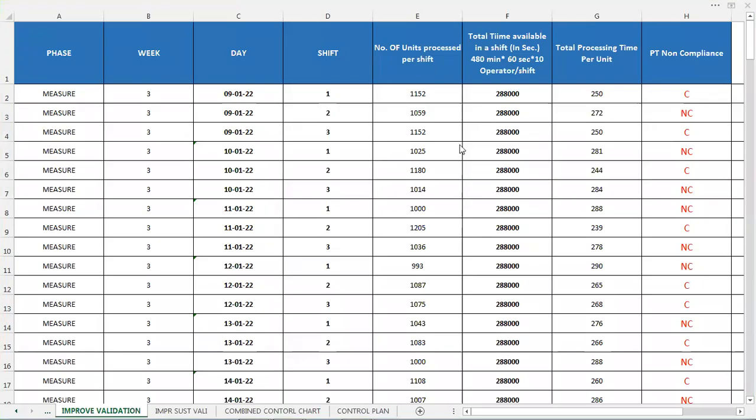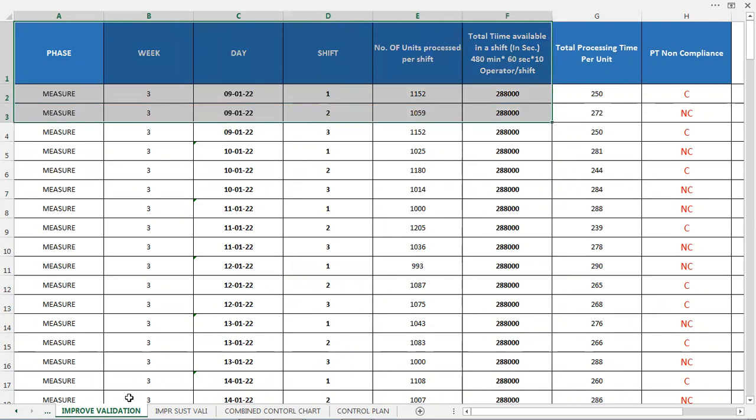So, combined data of measure and improve phase. We are just seeing that particular data. All we did is club the measure phase data with that of improve phase data. But in case of measure phase data, we have taken just these 8 different columns up till PT non-compliance. So you could see this is also what we call improve phase validation data, right?